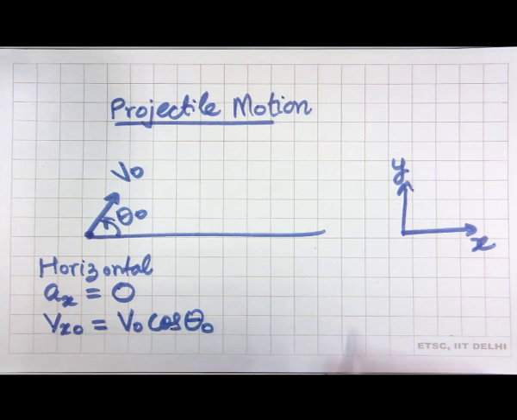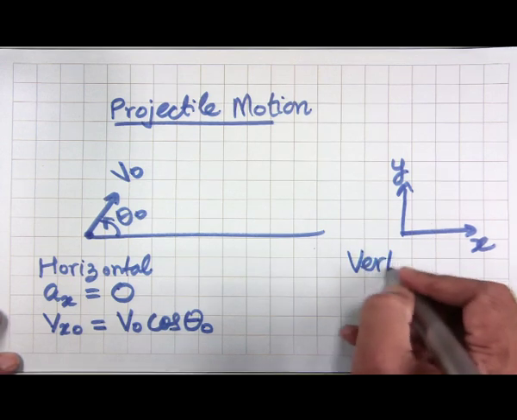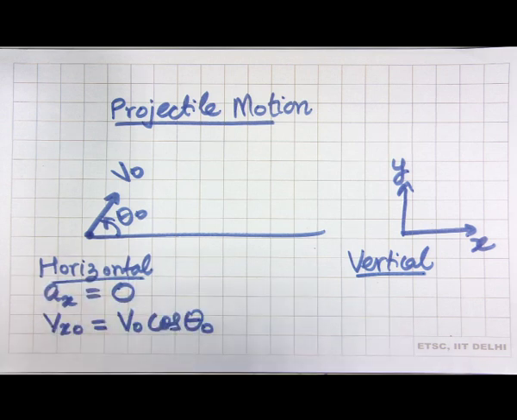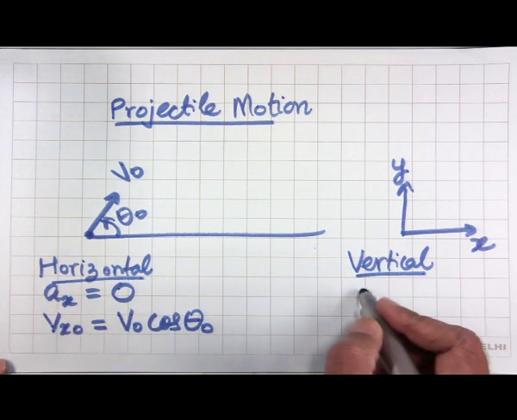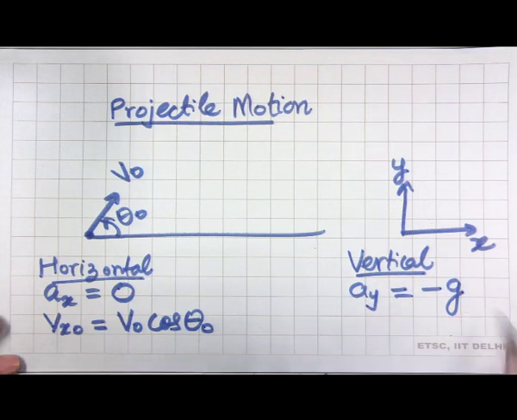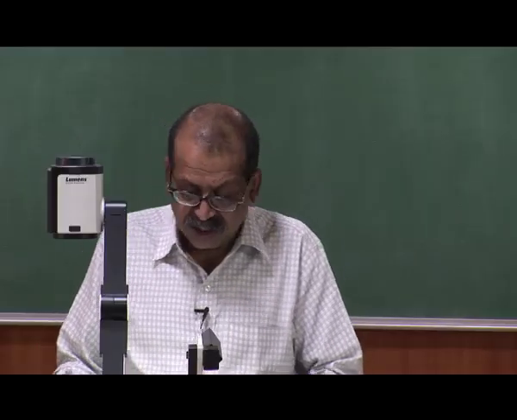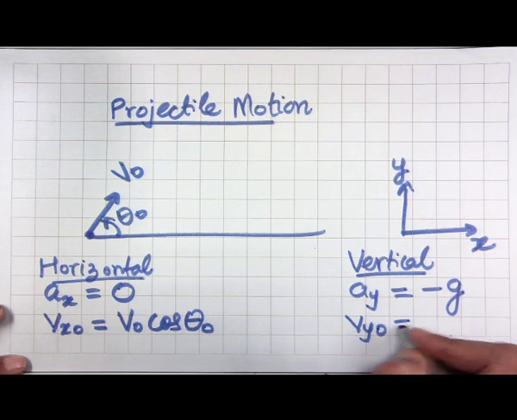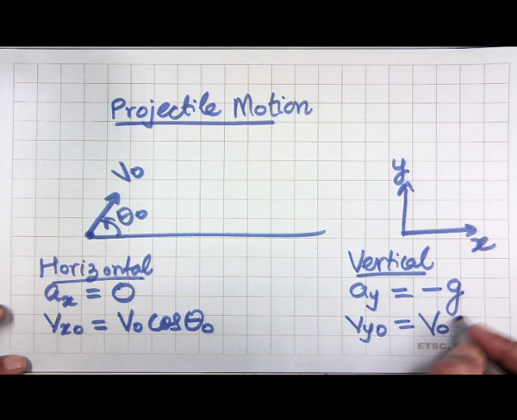And if we look at the vertical motion, which is in a sense decoupled from the horizontal motion, the acceleration is equal to the acceleration due to gravity, and because y is pointing upwards, ay is equal to minus g. The initial velocity in the y direction will be equal to v0 sin theta 0.